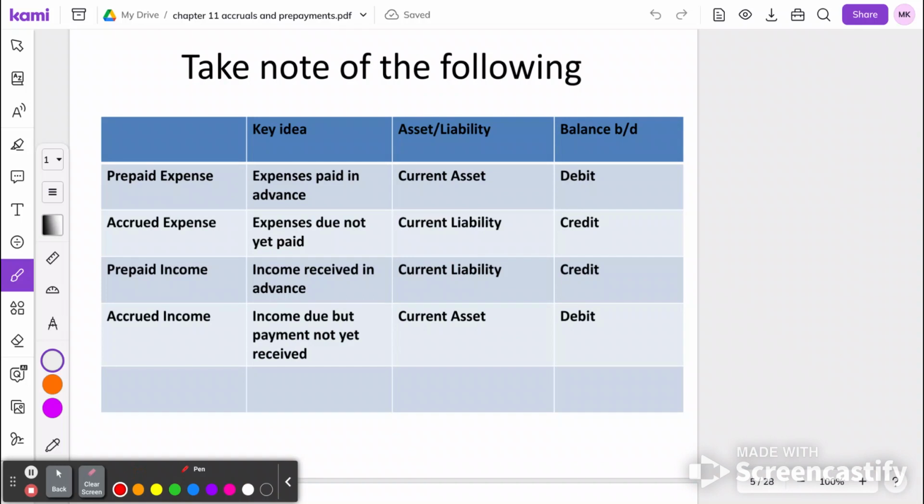And you know, assets are always debit. All right. And then how about accrued expenses? They are current liabilities. And as any type of liability, it's always on the credit. Okay. So we carry on.